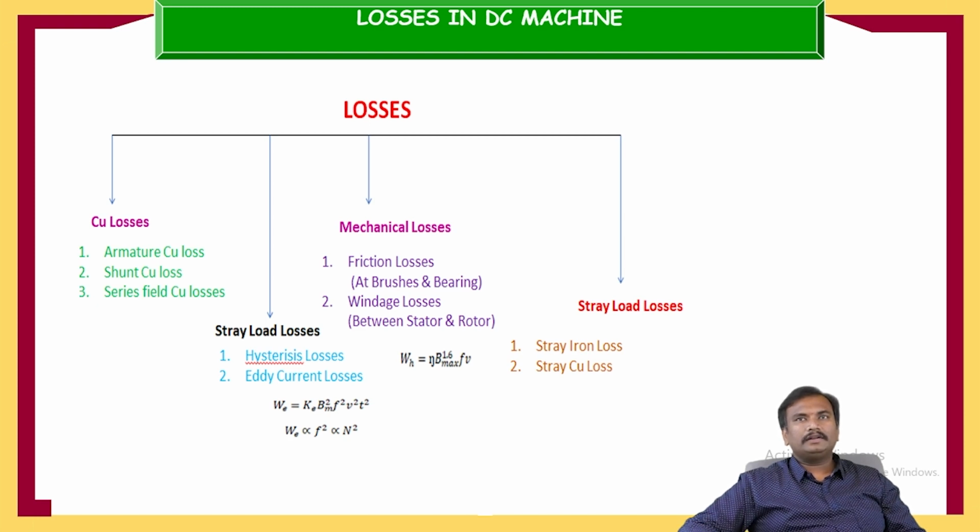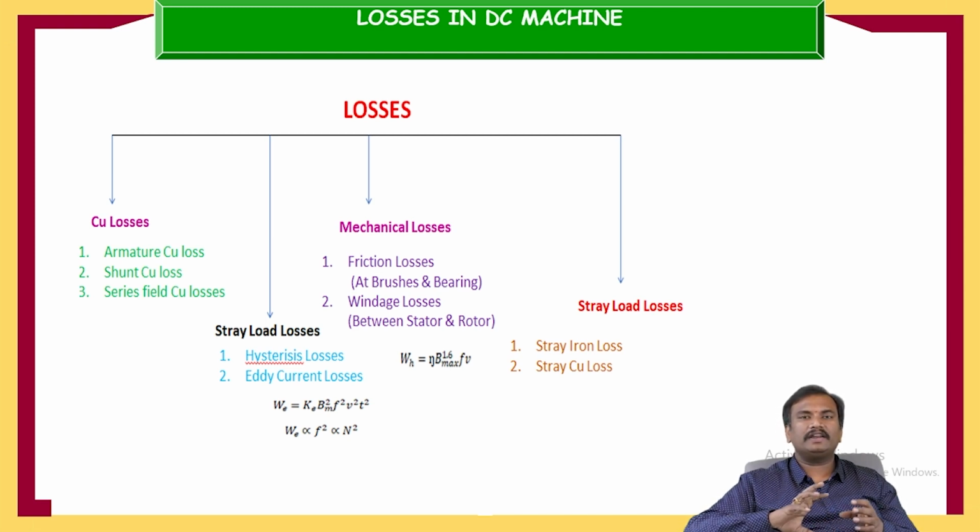Now we will go with the losses which are going to occur in a DC machine. In any machine, we are going to have losses, and the DC machine is a mechanical or rotational machine, so it is going to have mechanical losses and electrical losses.